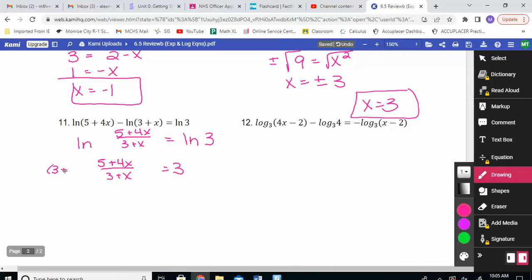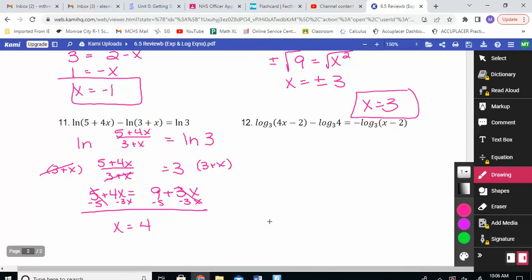We have to get rid of the fraction, so we multiply by 3 plus x on each side. Subtract over my 3x. And subtract over my 5. And get x equals 4. Is that answer okay?